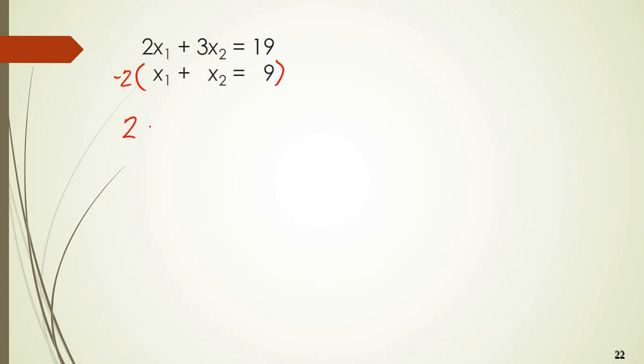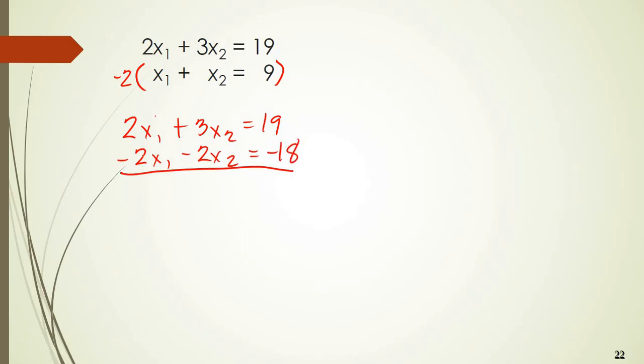So we'll come up with 2x sub 1 plus 3x sub 2, and negative 2x sub 1 and negative 2x sub 2 equals negative 18. Again, cancel. We have x sub 2 is equal to 1.